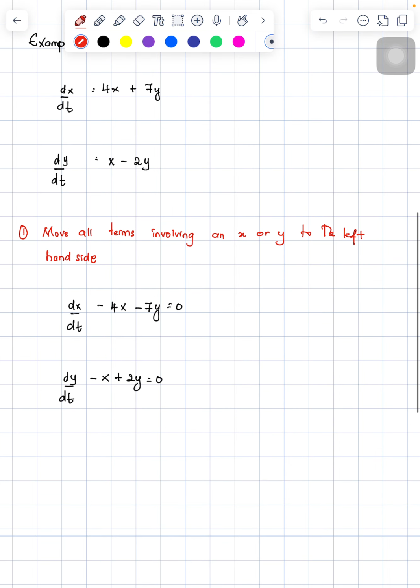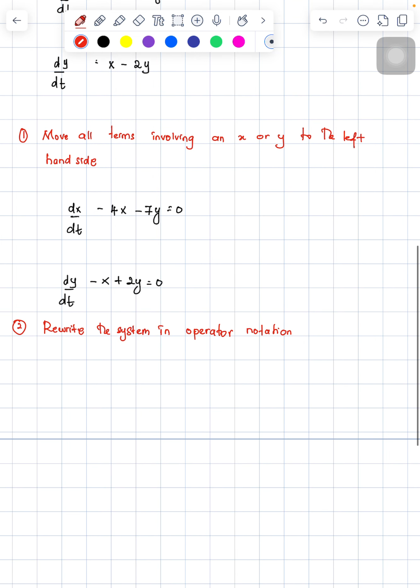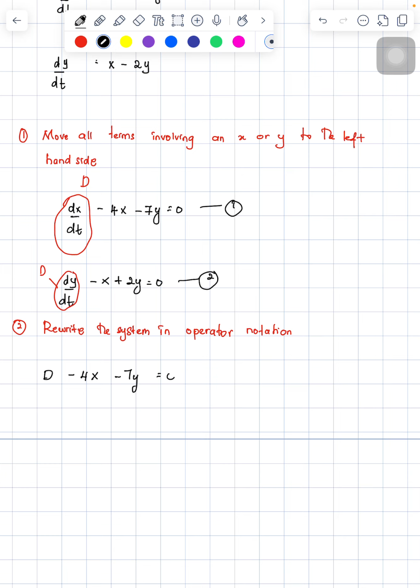Now we come to the second step: rewrite the system in operator notation. dx/dt here is the first order derivative, so the operator notation becomes D. This is also first order, so it becomes D. For equation 1, dx over dt, so D minus 4x minus 7y equals 0.